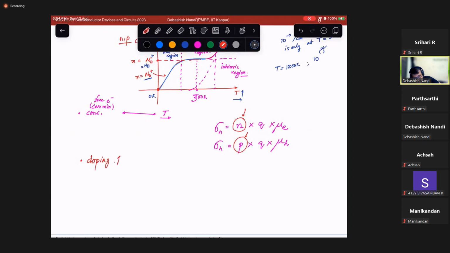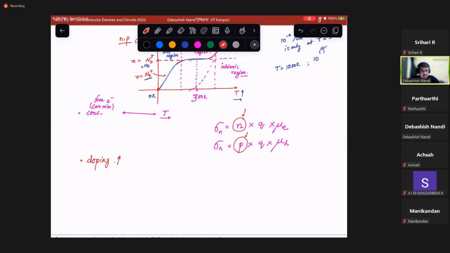Suppose I want to make a semiconductor of conductivity X. So I will dope that semiconductor accordingly. Now suppose I want to get a semiconductor of 10x conductivity, 10x electron concentration. So I will dope the semiconductor 10 times.